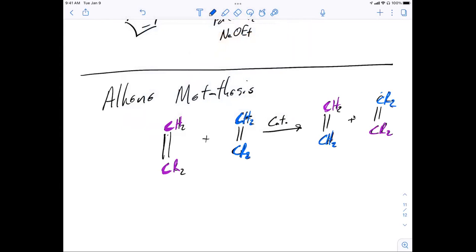And then depending on the catalyst, right, you could do this to always get the CH, right, or the CR, right? So what's happening here is we're actually changing that double bond. So the metathesis is the idea of changing that double bond.